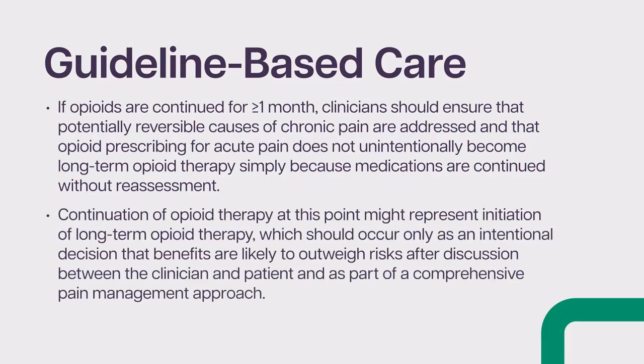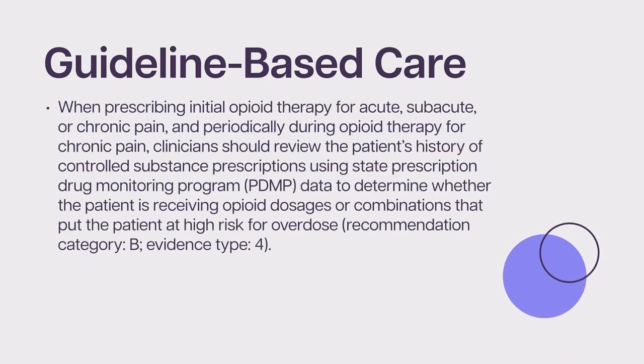Now, that's not to say that opioid pain medications don't play a role in subacute or chronic pain, but the decision to initiate long-term opioid therapy needs to be an intentional one, and it needs to be part of a comprehensive pain management plan. It's not something that should happen by accident simply because prescriptions are being refilled continuously.